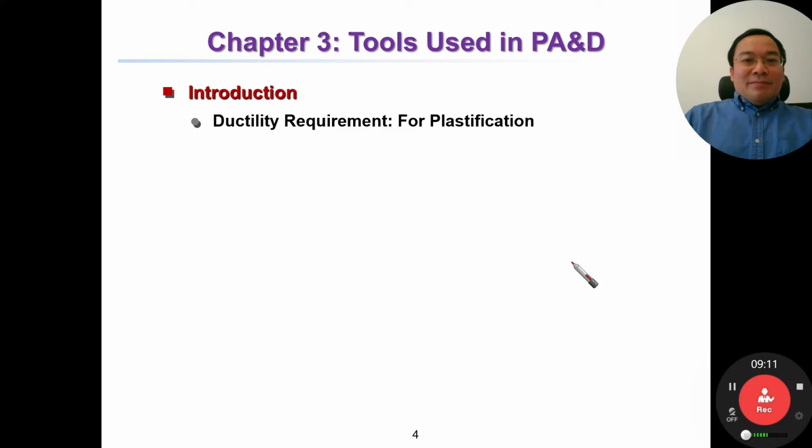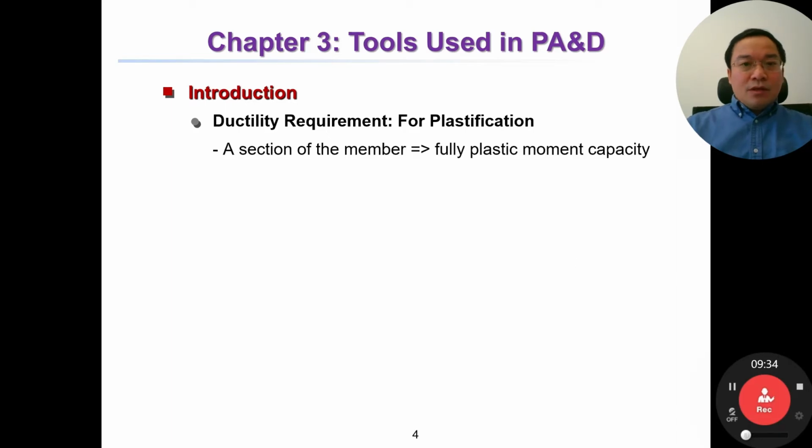Ductility requirement. We have two requirements for the ductility. The first requirement is for plastification, for a section member.